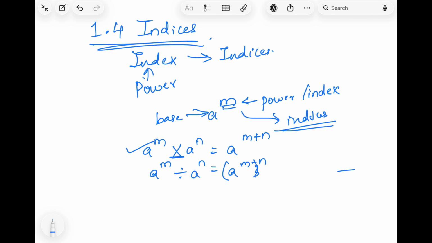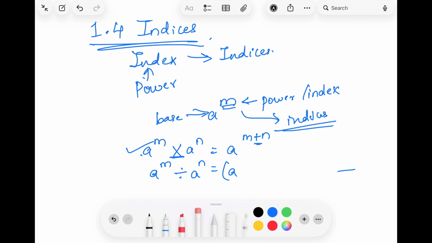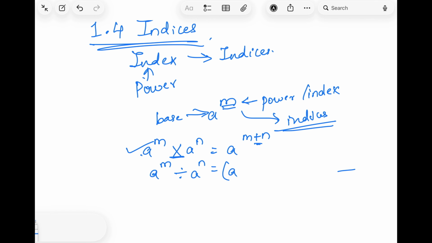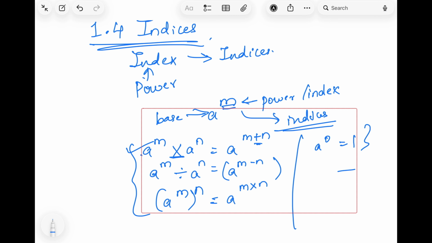When it is multiplication and the base is same, we add the powers. Division, we subtract the power, m minus n. And if there are 2 powers, we simply multiply the powers. And if there is something raised to 0, we always write 1. So these are the 4 basic laws of indices.